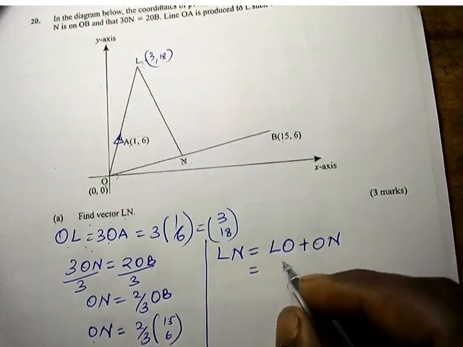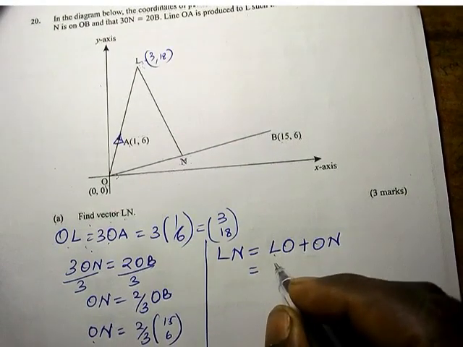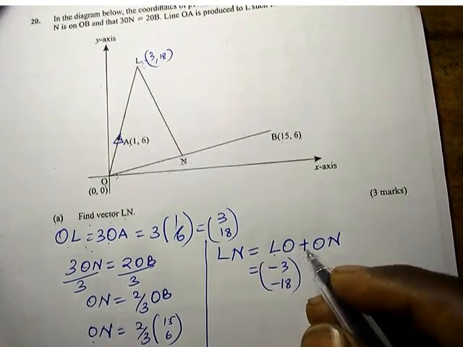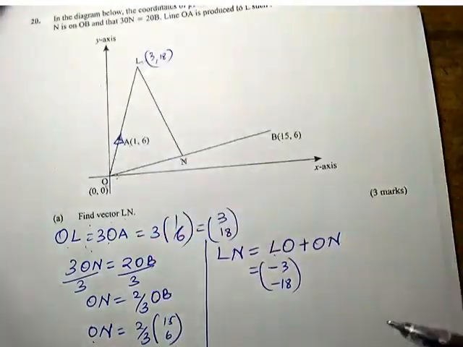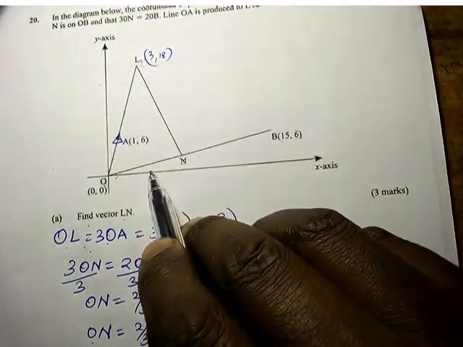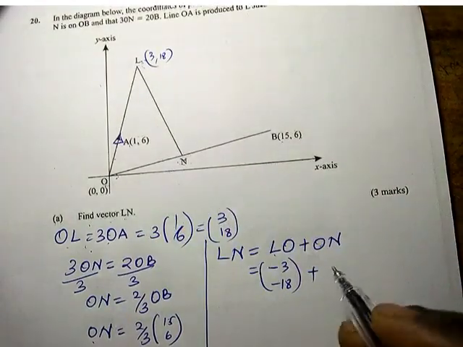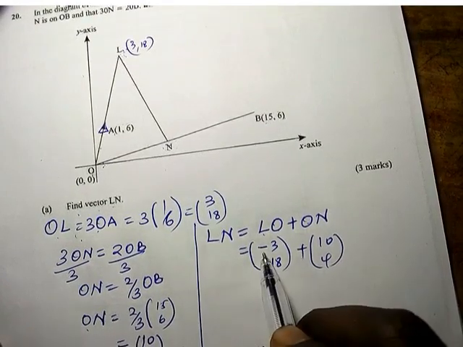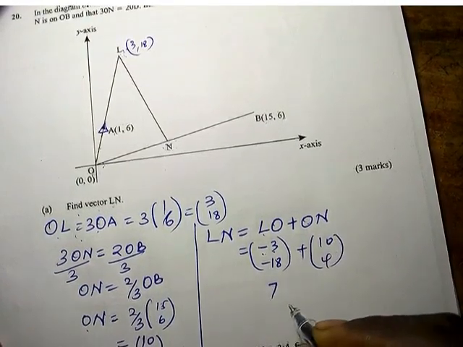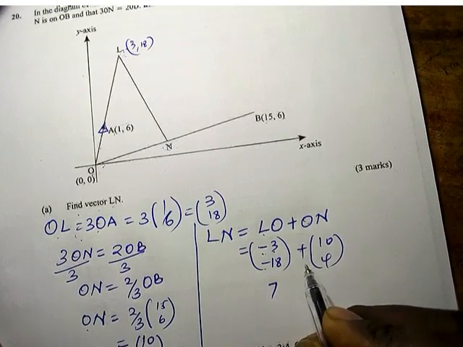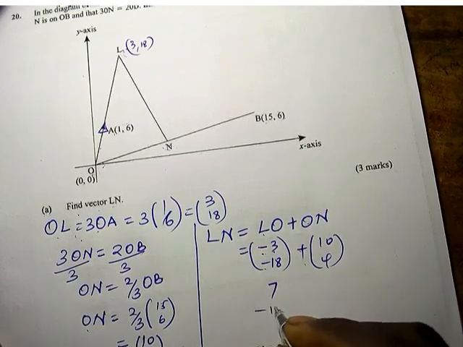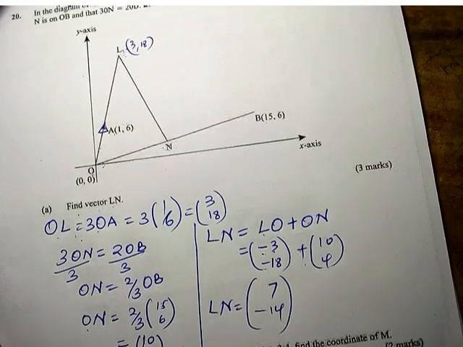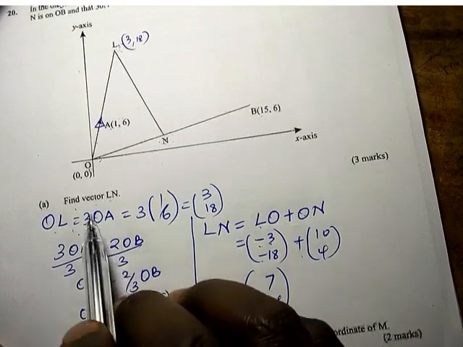So LO is (-3, -18), plus ON, which is (10, 4). So -3 plus 10 is 7, and -18 plus 4 is -14. So LN is equal to (7, -14), and that is the vector.